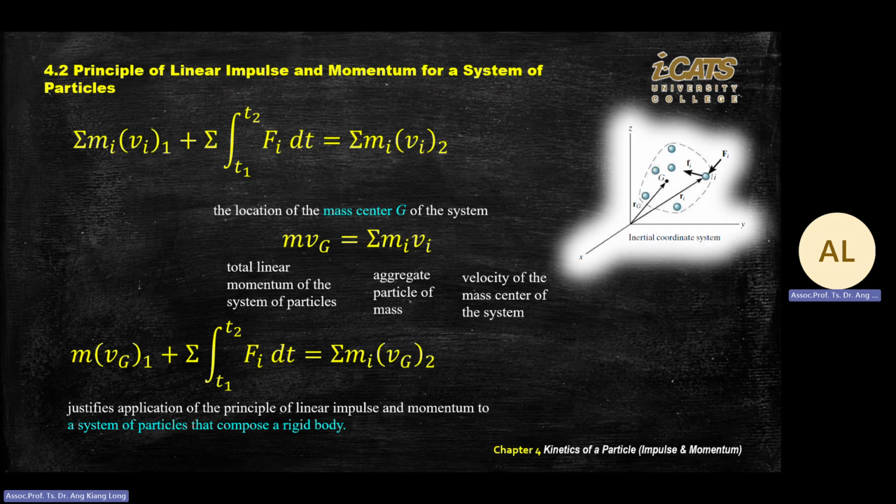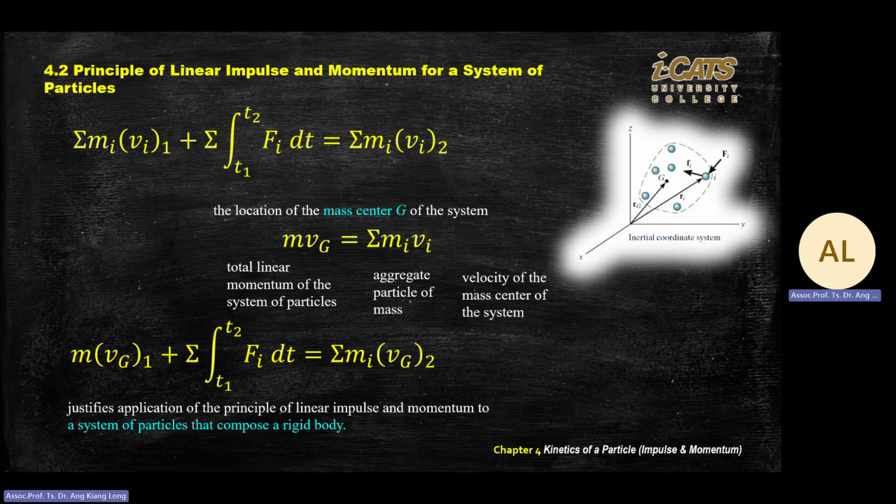As you can see here, the velocity is actually focused on the G, the center of mass. Since chapter 2, when we started to draw the free body diagram, I always asked you to label the center point of the object, and then you draw the W going down.